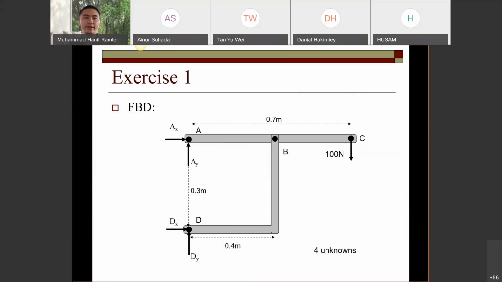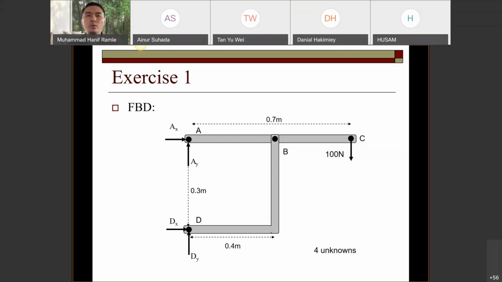To make the work easy, you have to use a 2 force member to eliminate 1 unknown. If you eliminate 1 unknown, you will have only 3 unknowns, which is easier than solving 4 unknowns.